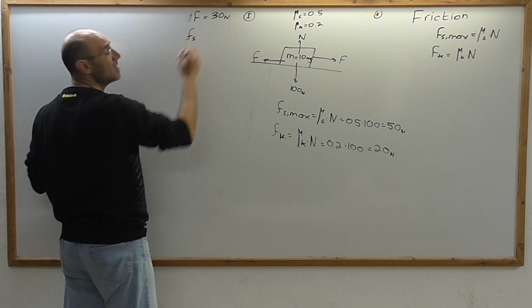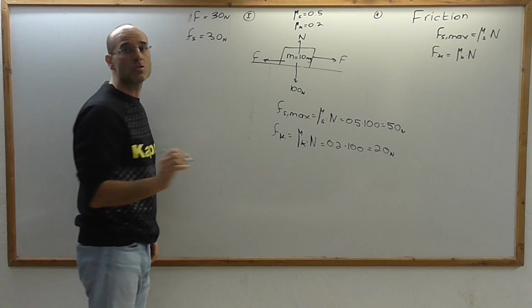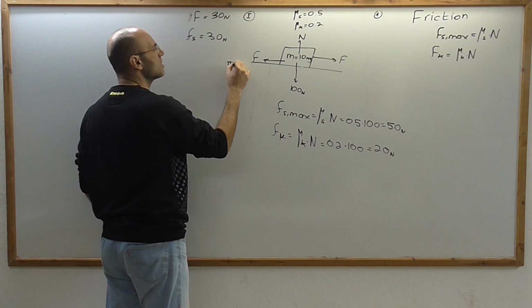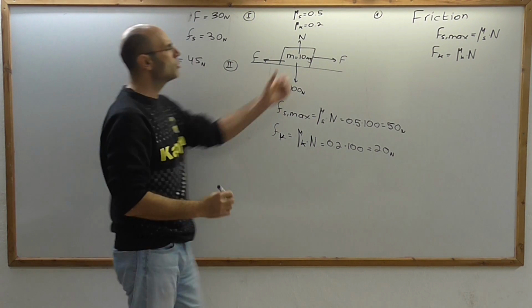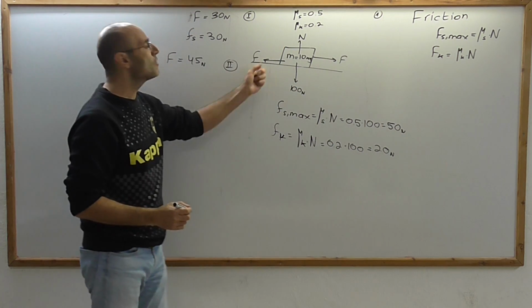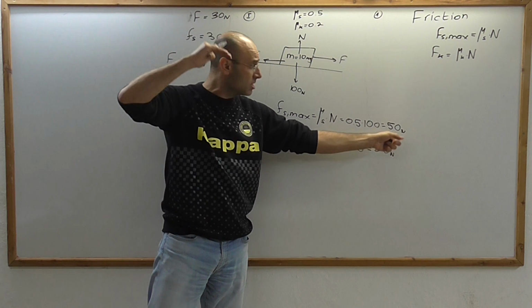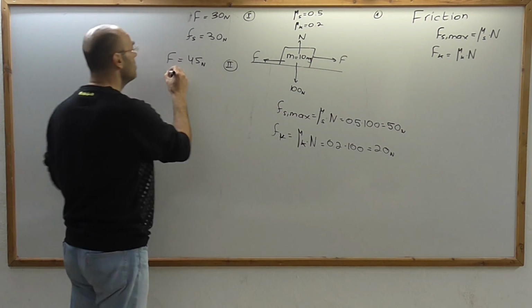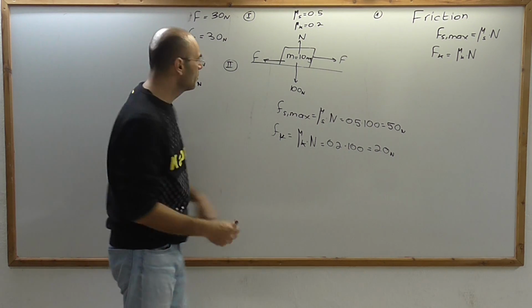So F static will not be max, it will be 30 newtons, and the mass won't move. Let's take another example. What happens if F equals 45 newtons? If I pull it with 45 newtons, the friction again can adjust to me because the maximum it can adjust is up to 50. So it will be 45 newtons and the mass won't move.